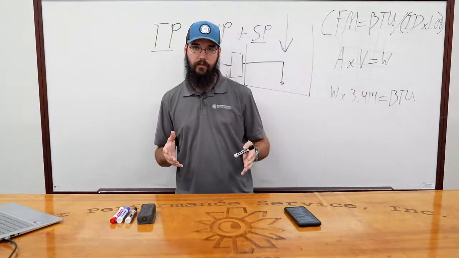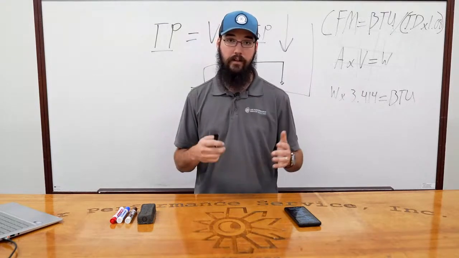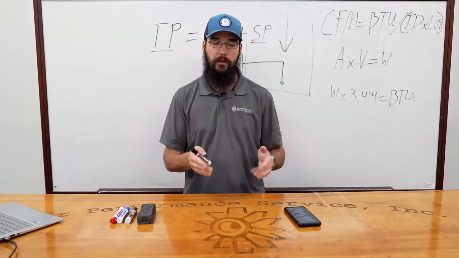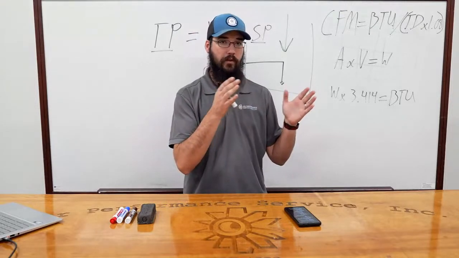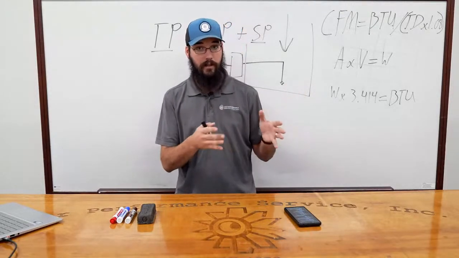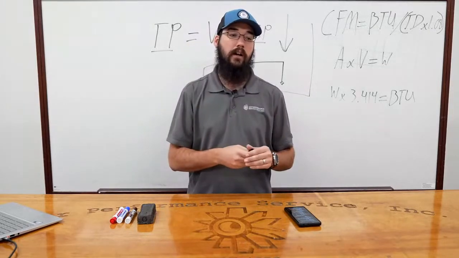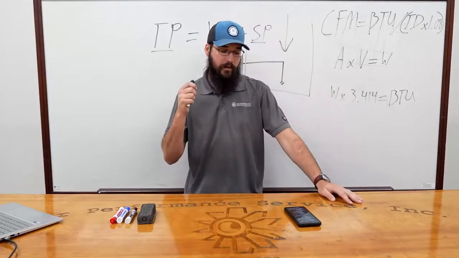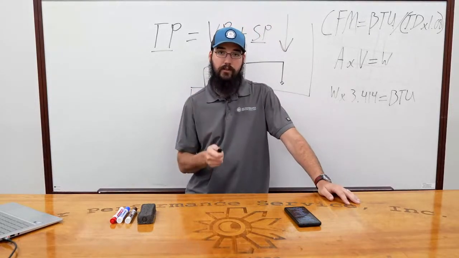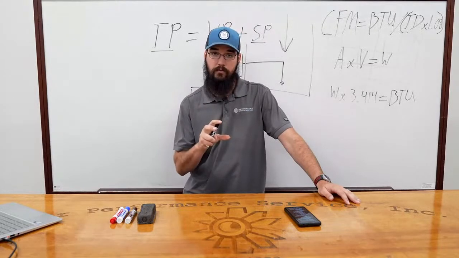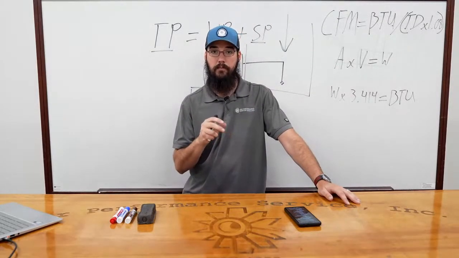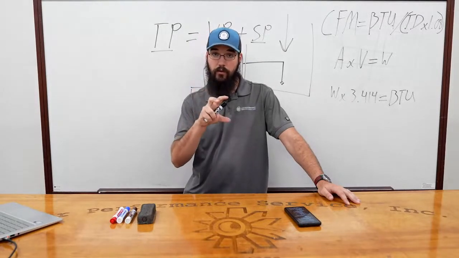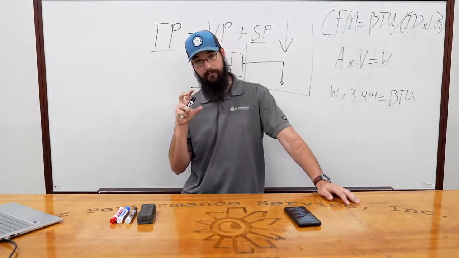I do want to talk about adjustable pulleys, or having just pulleys in a system. We see this not only in splits, but water source heat pumps, RTUs and such. They come with adjustable pulleys on the motor most of the time, and usually those will come set all the way out.